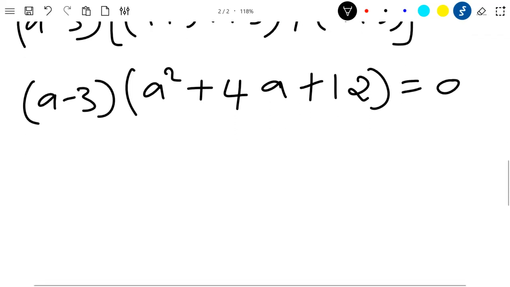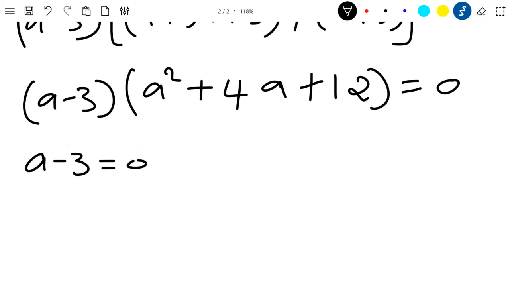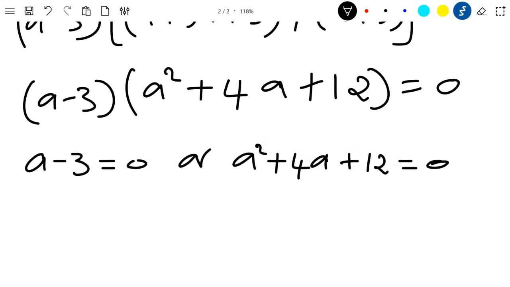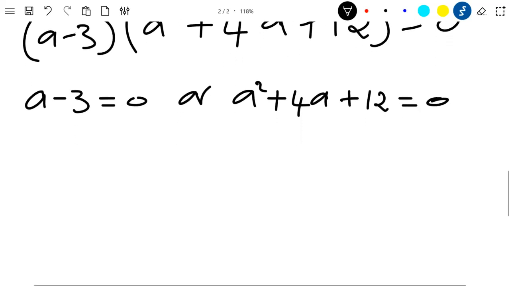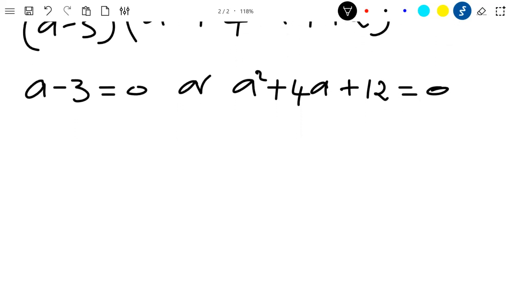If this product is equal to 0, this means that either a - 3 is equal to 0, or a^2 + 4a + 12 is equal to 0. The first equation means that we have a equal to 3.